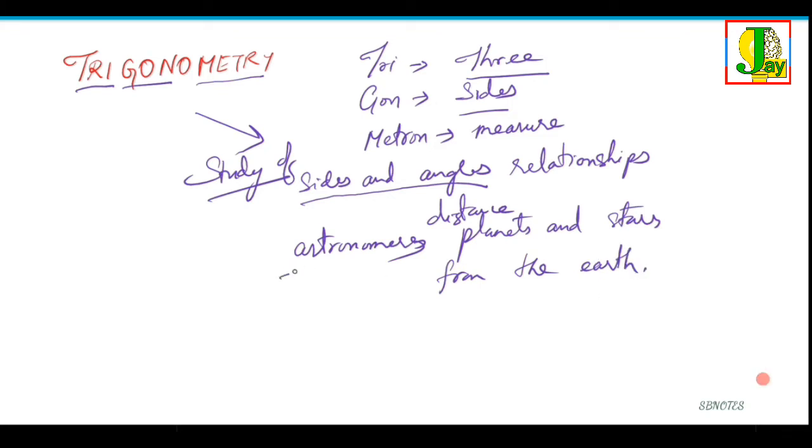Okay, that was the use. Trigonometry deals with all types of triangles, but this chapter of class 9 deals with only the study of the ratio of sides of a right triangle with respect to the acute angles.